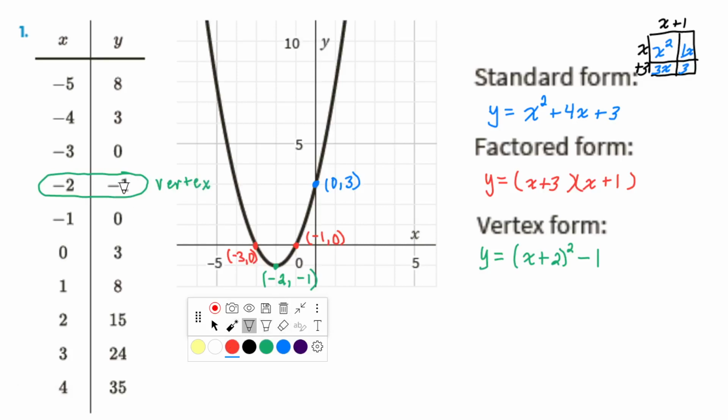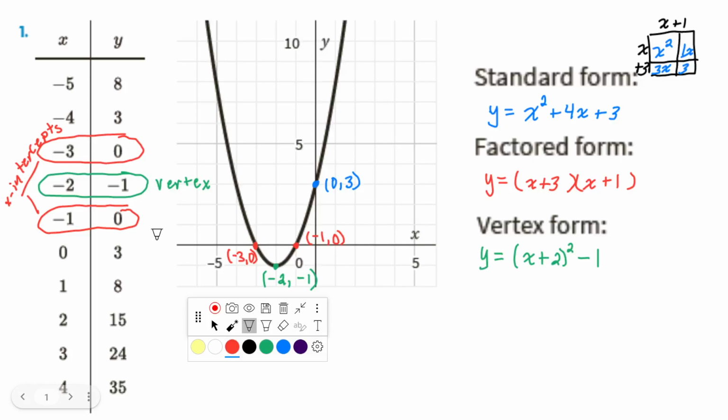The x-intercepts will always have a y value of 0. So whenever you have a y value of 0, you know your x-intercepts. So if you didn't have the graph, you could use the table.